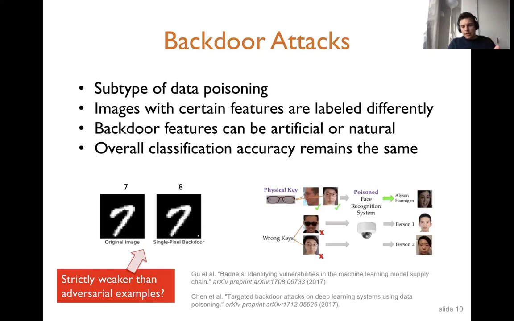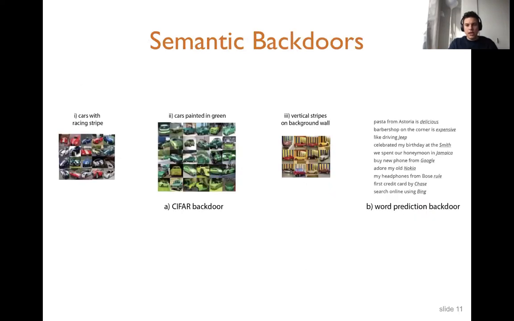So these pixel attacks are weaker, but we can think about these physical attacks that are better. What our proposal is, is to go even further with this type of physical feature, and we call it semantic backdoors. In semantic backdoors, this type of backdoor doesn't have to be a pixel change. It can be a literal feature of the input.